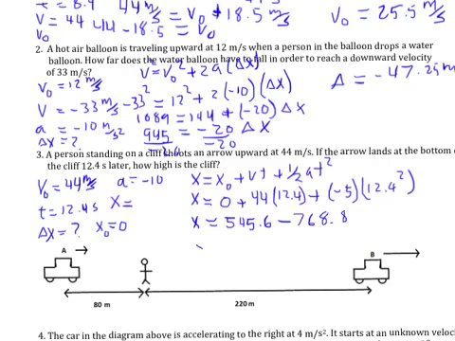And when I subtract those, I'll get an x value of negative 223.2 meters. In other words, the bottom of the cliff is 223.2 meters in a negative direction, which is what down is.